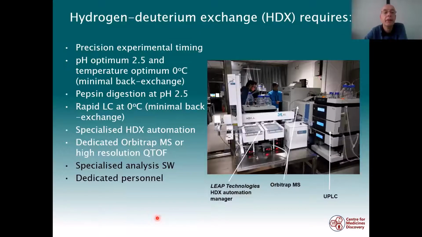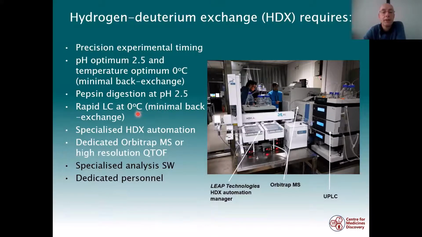So that's the theory. In practice, it turns out to be quite a difficult technique. I think you can appreciate why. You require precision experimental timing. You have to keep the pH optimum at 2.5 and 0 degrees to minimize back exchange. Pepsin digestion is not too much of a problem.